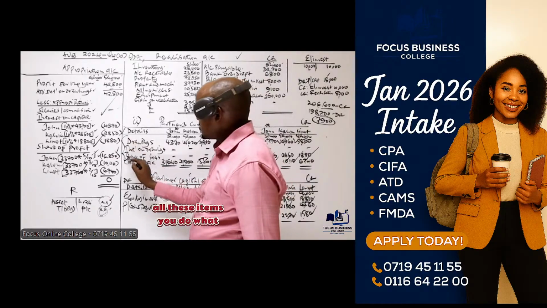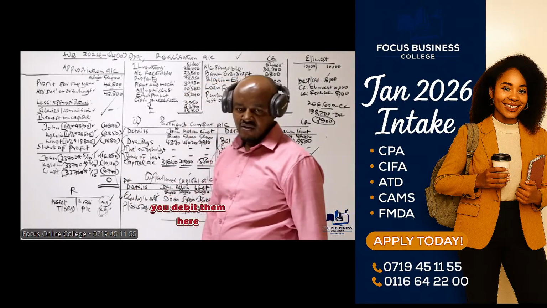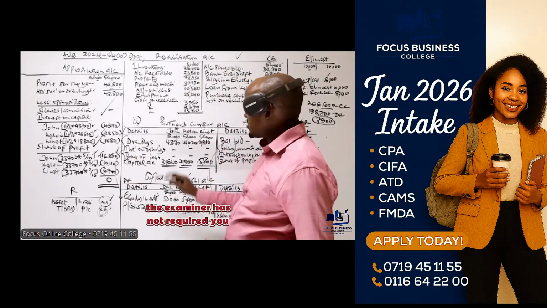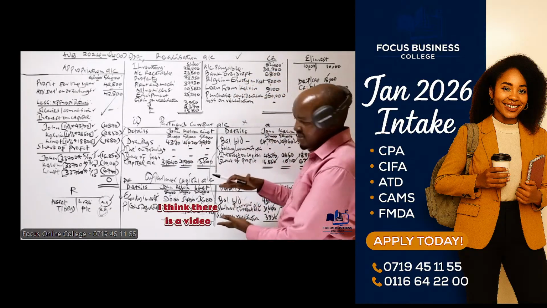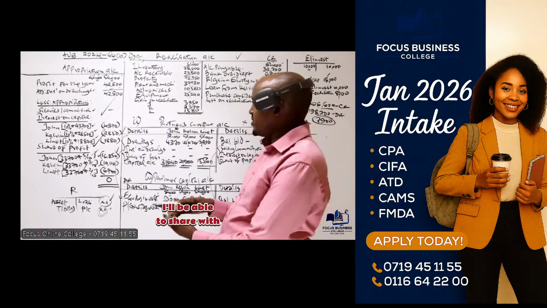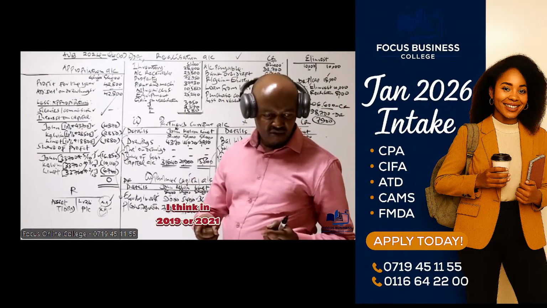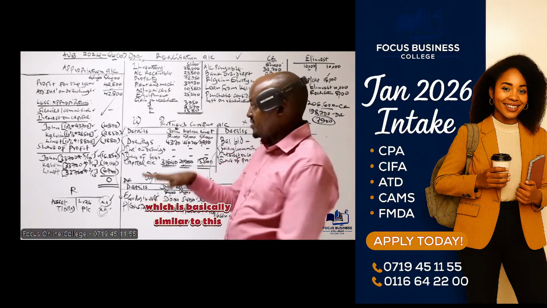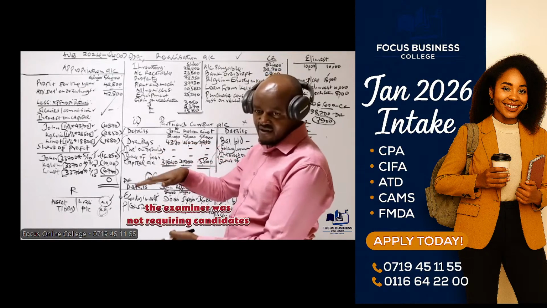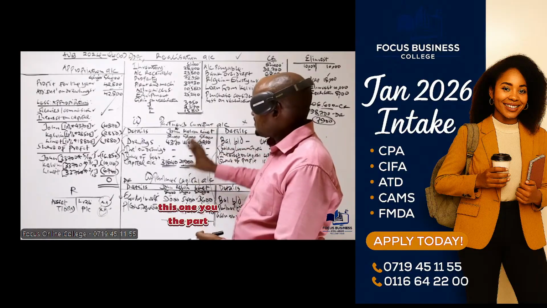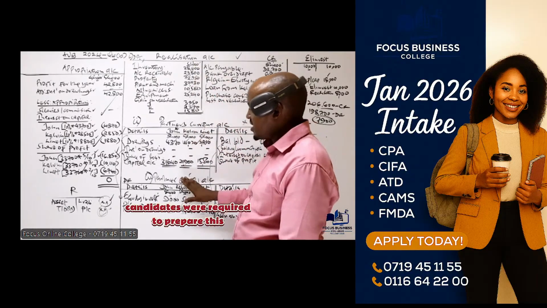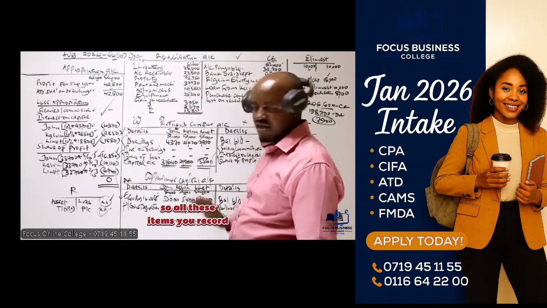All these items, you debit them there. So in case the examiner has not required you to prepare this, all these items, you record them here. I think there is a video I'll be able to share with you of a question, in 2019 or 2021, which is similar to this, but the examiner was not requiring candidates to prepare this account. The candidates were required to prepare this and this. So all these items, you record them here.